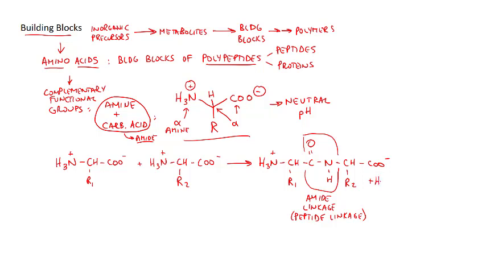And then water is released as a byproduct. So the complementary functional groups are our amine and our carboxylic acid. These variable groups, the R's, are what are known as side chains, and these are what give us our structural diversity.